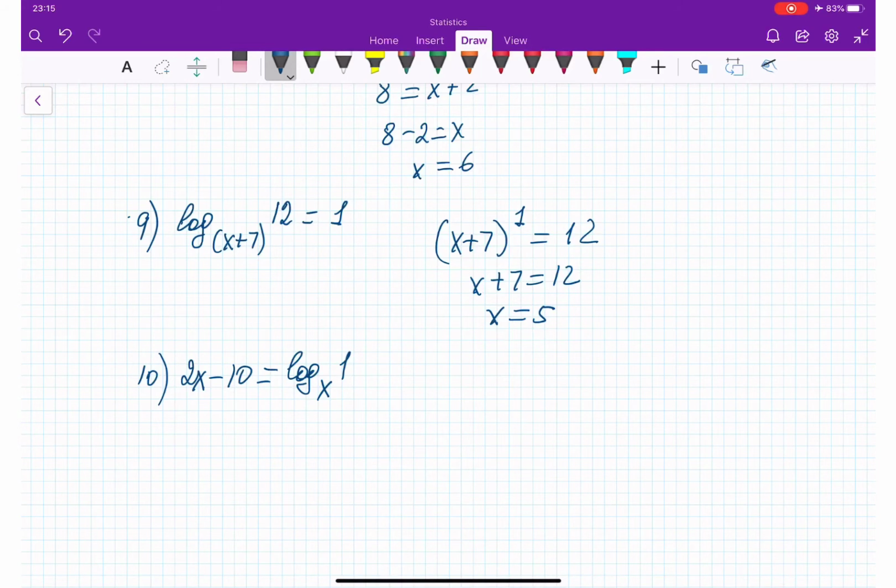Very easy. Well, no, let me rewrite this to make it easier.